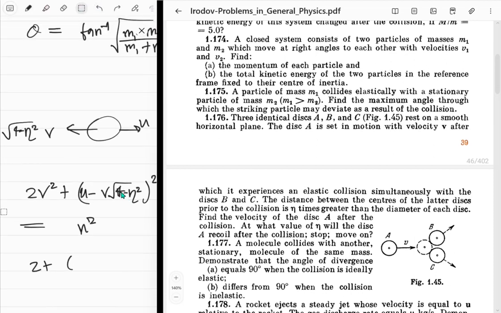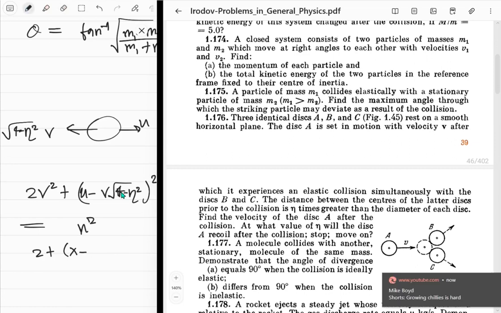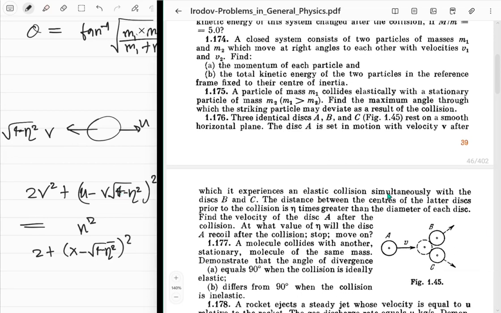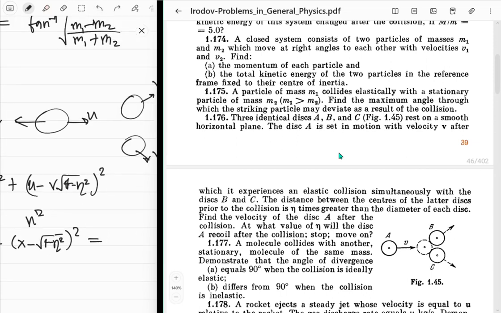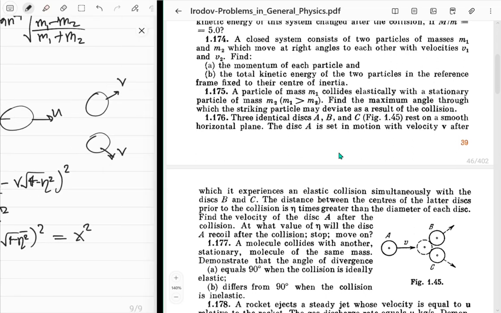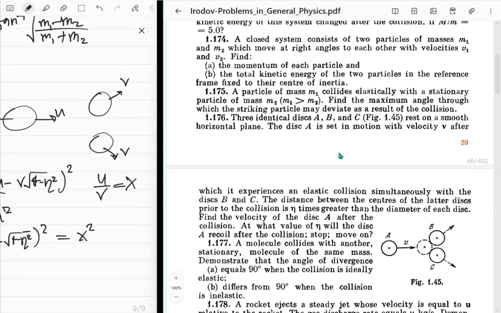So just say u upon v is x. Then this whole thing just becomes 2 plus x minus the square root of 4 minus eta squared, that v is not here anymore, times that thing squared. That is equal to, sorry, u squared upon v squared is x squared. Just write it down: u upon v is equal to x.